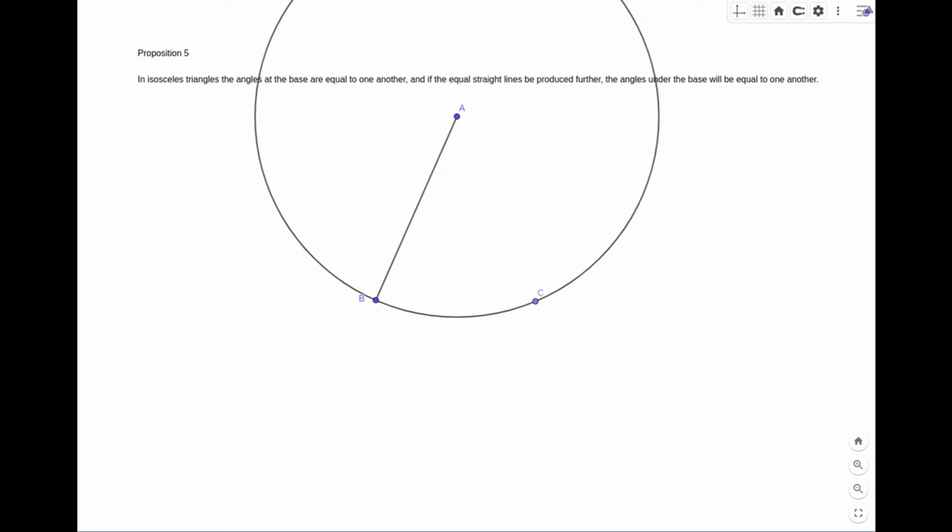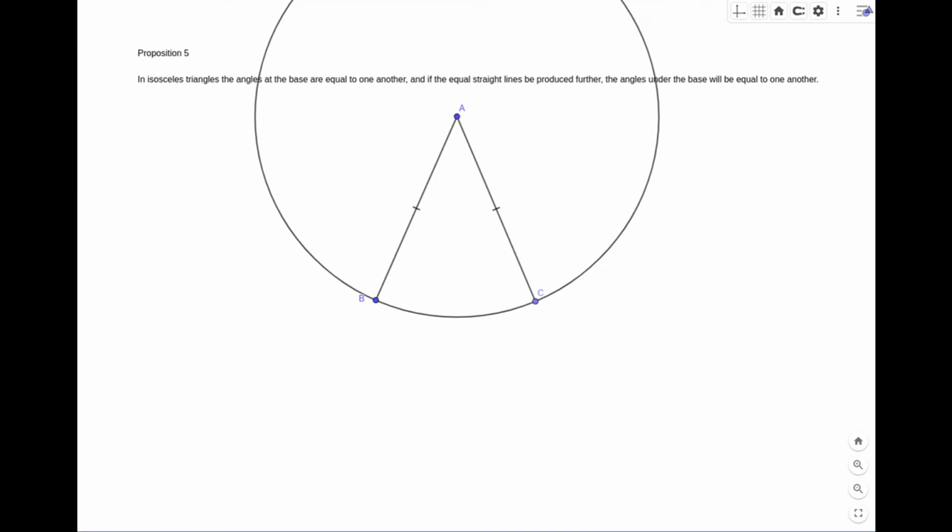Now, we end up with our segment AC. From the definition of a circle, we know that segment AB is going to be congruent to segment AC. And so we know that those two are going to be the same.